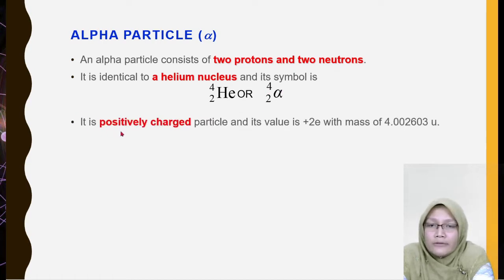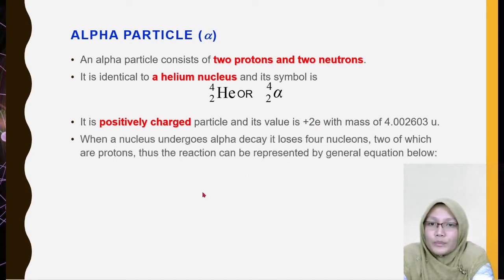It is positively charged particle and its value is positive 2e with mass of 4.002603 U. When a nucleus undergoes alpha decay, it loses 4 nucleon, 2 which is a proton, and thus the reaction can be represented by the equation.